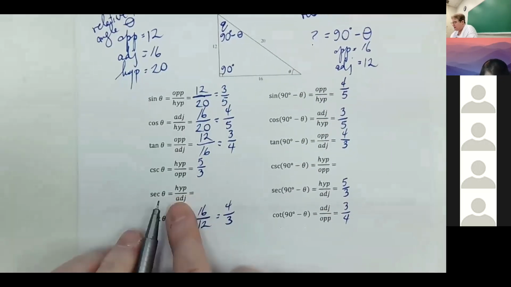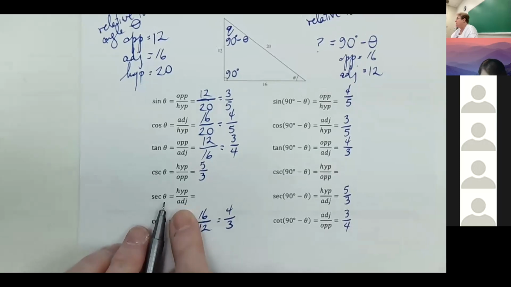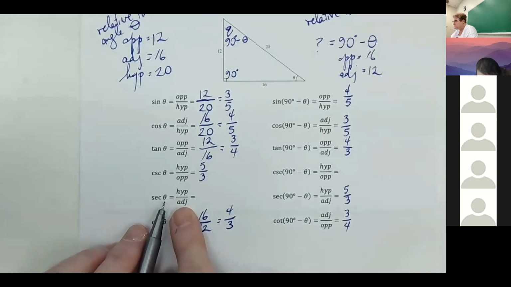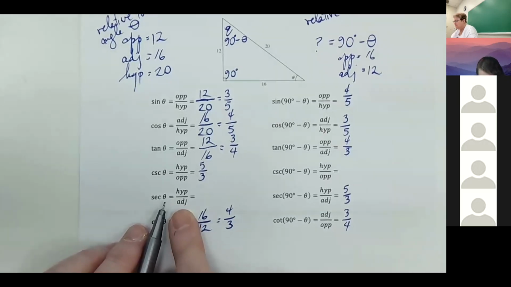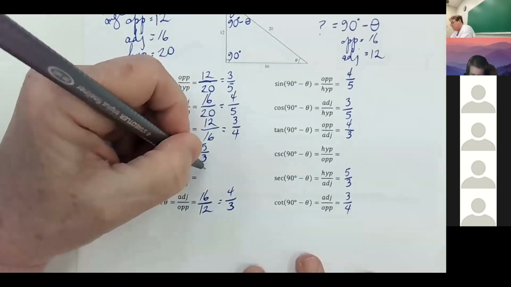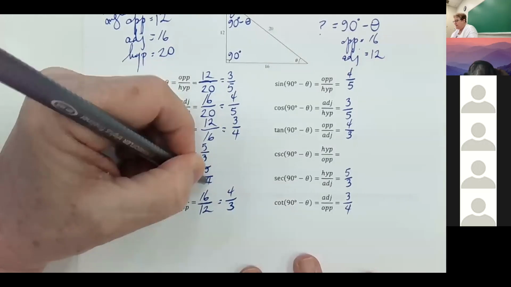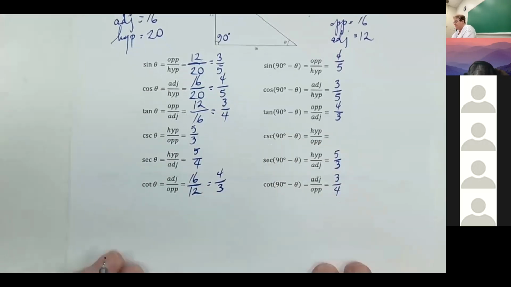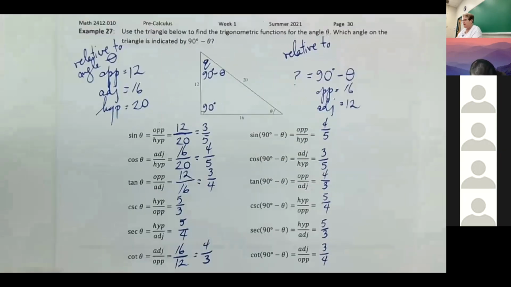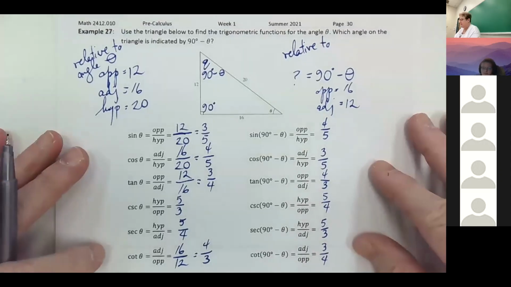The secant is going to be the reciprocal of which one? Yes. And that means the cosecant of 90 minus theta is also going to be 5/4. So everything is connected. That's what I'm hoping that you see from today's lecture.